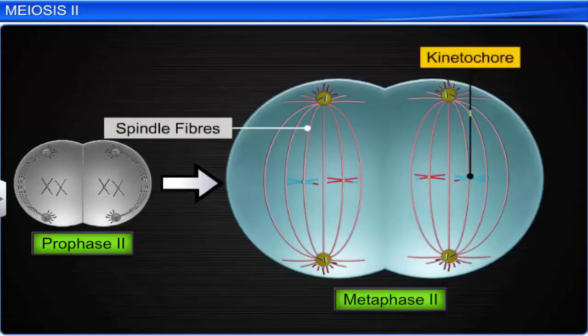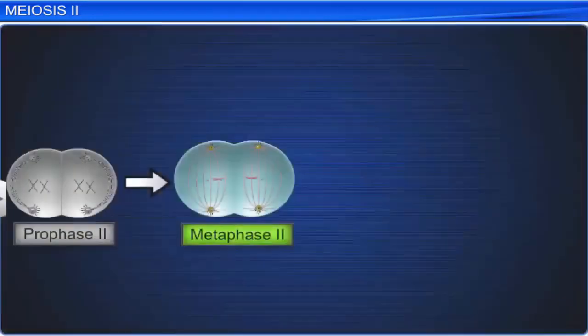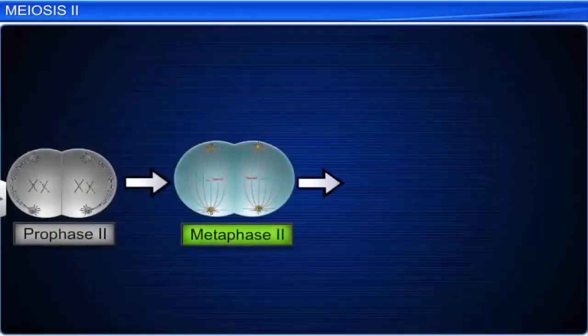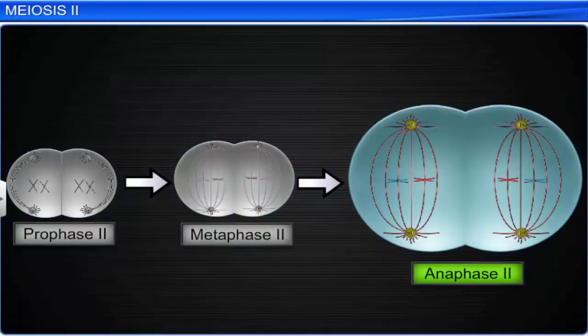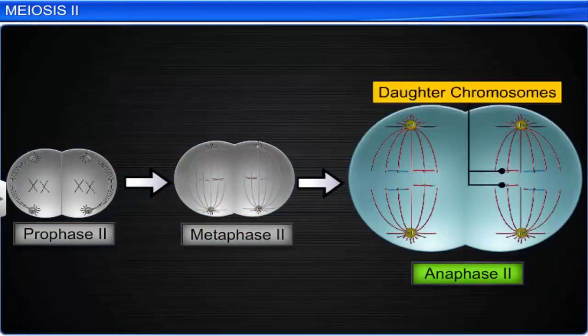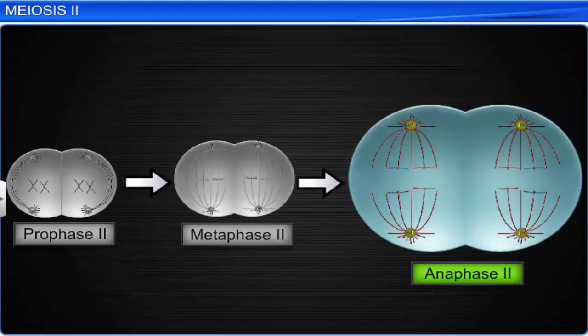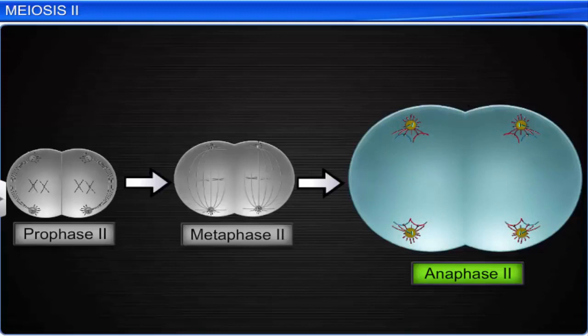The next phase of meiosis II is anaphase II. During early anaphase, the centromere of each chromosome divides longitudinally into two and splits the chromosome into two daughter chromosomes. These daughter chromosomes are then pulled to the opposite poles of the cell during the late anaphase stage.